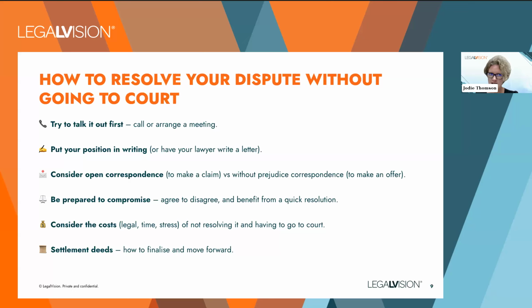But what it does is that it gives you a legally binding document that both parties are obliged to comply with. It ensures that your payments are made within a certain time and whatever's agreed, but it also ensures that both parties don't take the matter further. So it finalises things properly. That is, in most cases, what we would do when there's a dispute. If it is resolved, there's usually a deed of settlement between the parties to finalise that.